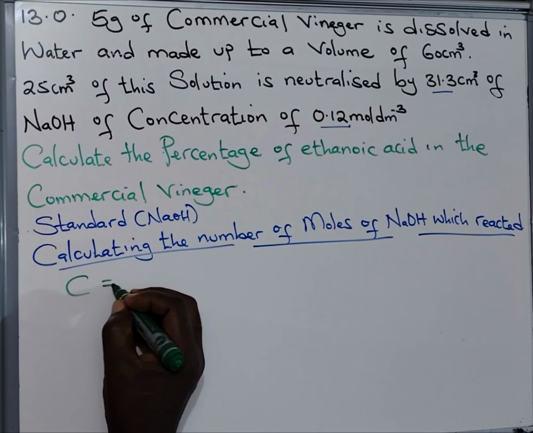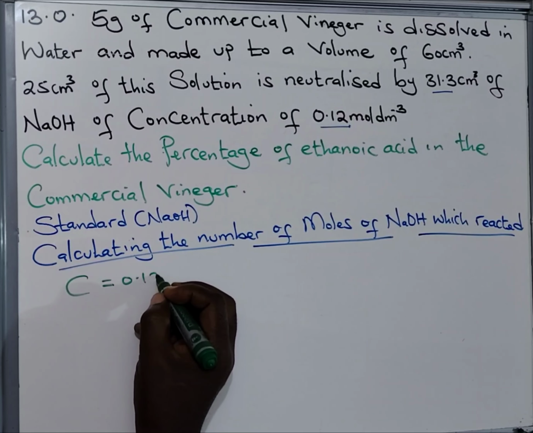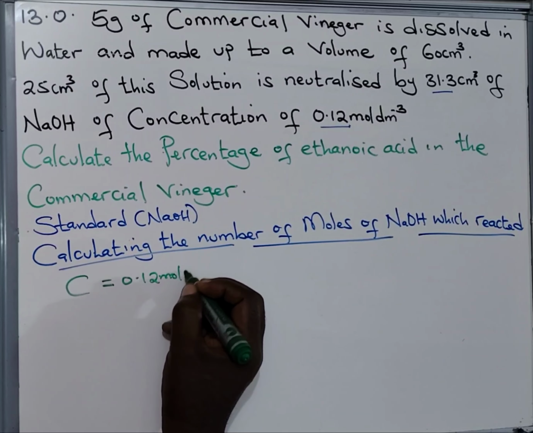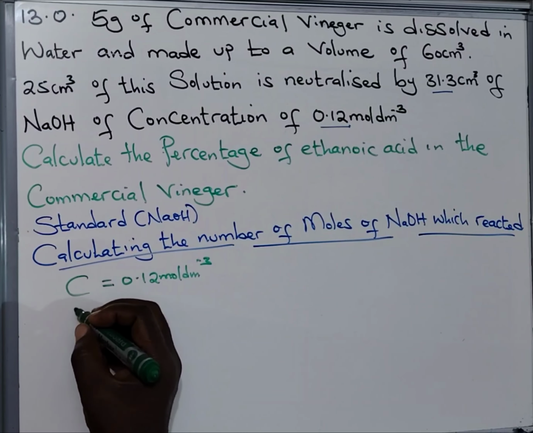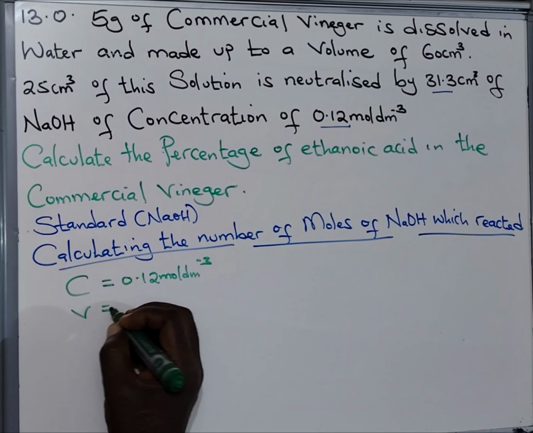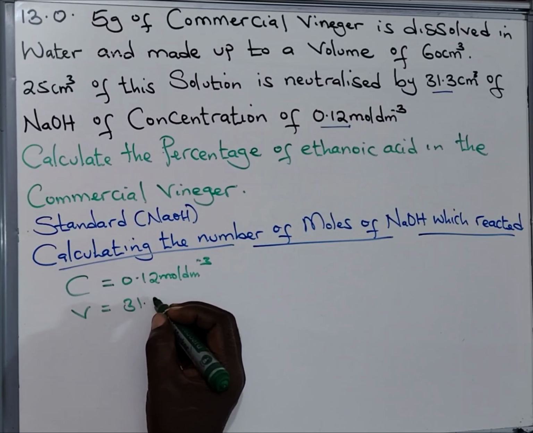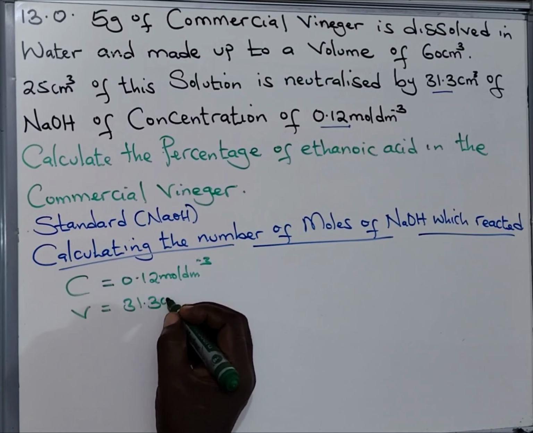So the question is, what do we know about sodium hydroxide? We know the concentration, which is 0.12 moles per cubic decimeter. What else do we know? We know the volume which reacted, which is 31.3 cubic centimeter.